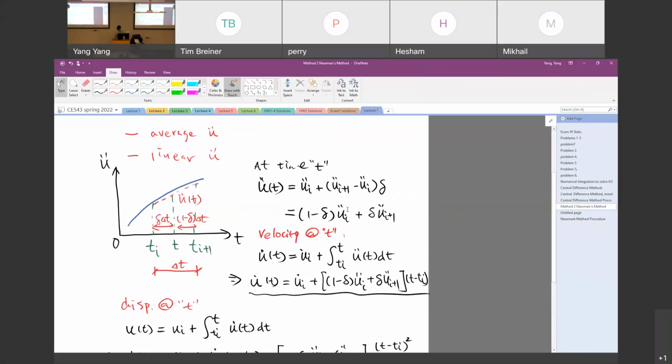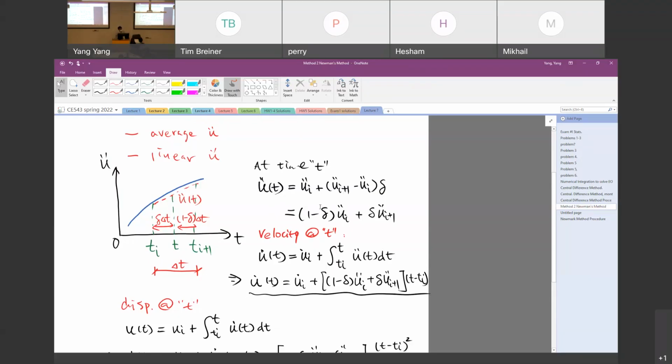As you can see in the first equation, the delta is used to do the linear interpolation for the acceleration at any time t, because if we know the acceleration at time i and at time i plus one, we need to approximate the acceleration at any given time t.